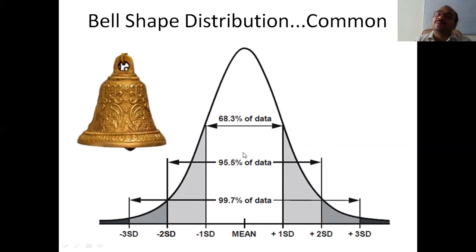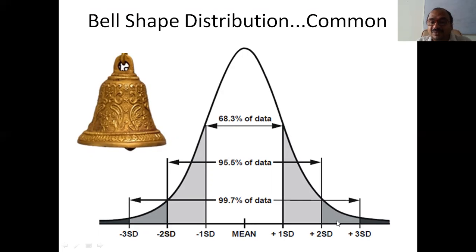Zone 2, beside zone 1. See, this is also zone 2, this is also zone 2. 95.5% of the data. These values you have to keep in your mind: 68.3, 95.5% of data.